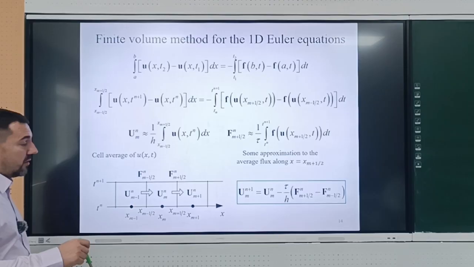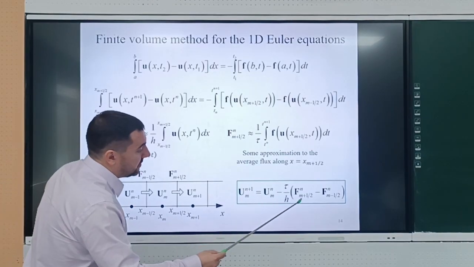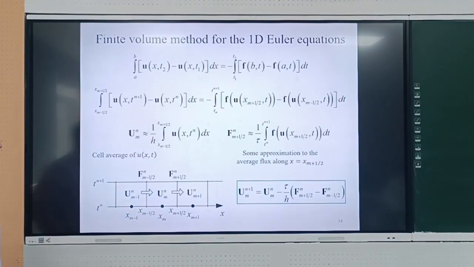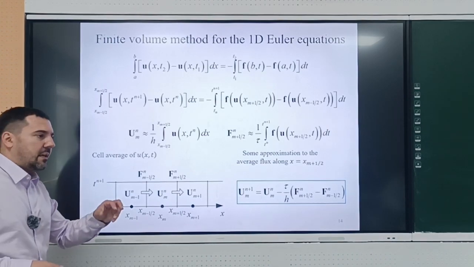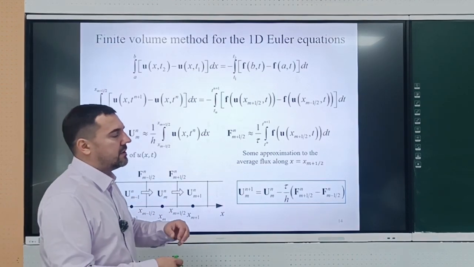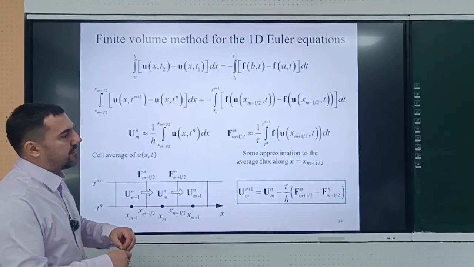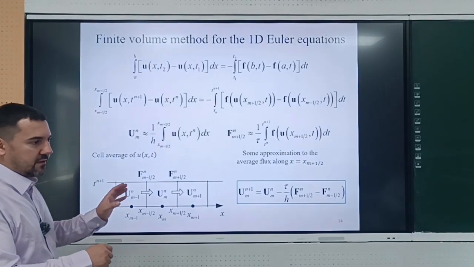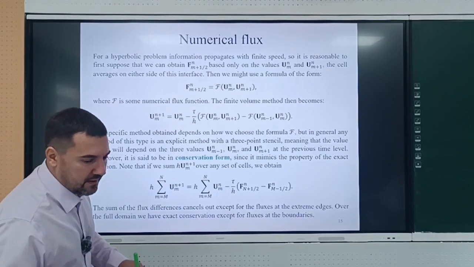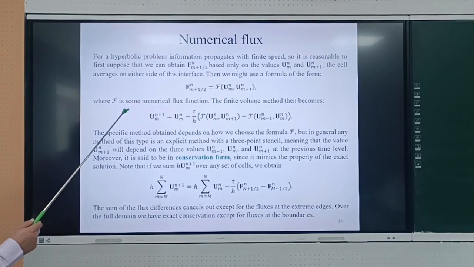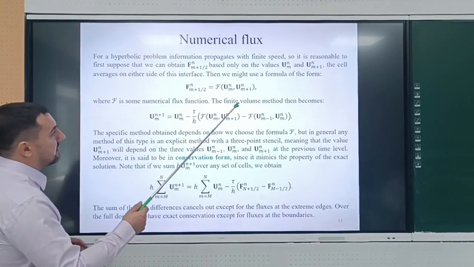And as I told, the question now is how to compute this numerical flux. The idea is that the numerical flux, at least for schemes of first accuracy order, should depend on values to the left and to the right. For a hyperbolic problem, information propagates with finite speed. We will discuss it.